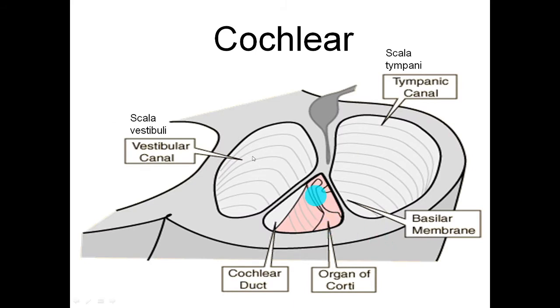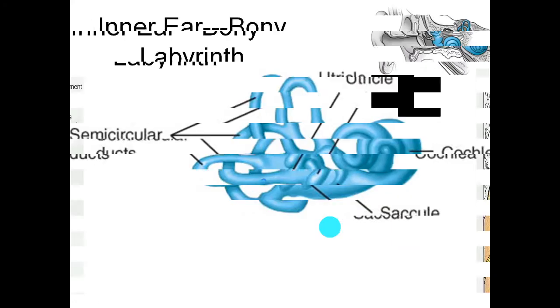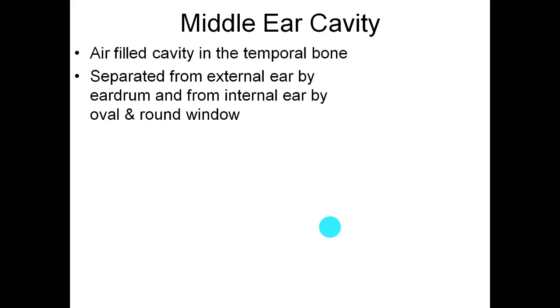So this organ of Corti is then going to vibrate its tectoral membrane, which is going to thump up against these stereocilial cells. The stereocilial cells are going to pick up that vibration and turn that vibration into an action potential that's going to go up that vestibulocochlear nerve to your brain, where you're going to interpret what you are hearing.